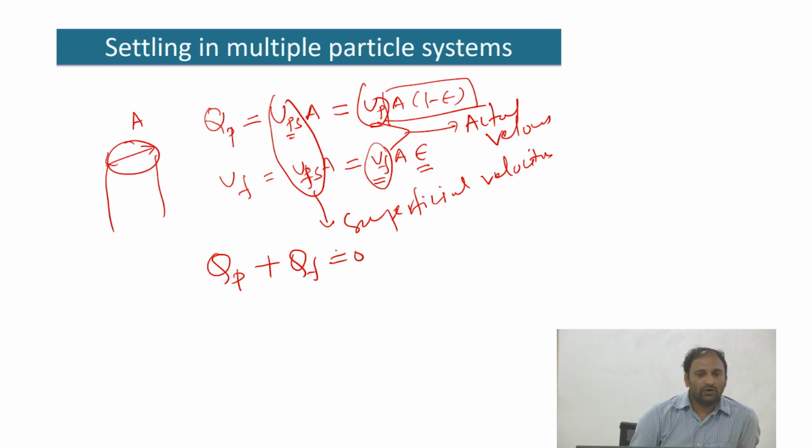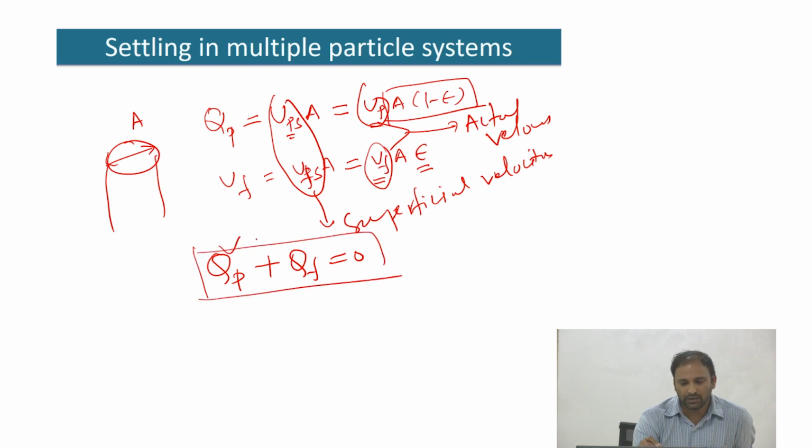The volumetric flow rate of the particles plus that of the fluid should be equal to 0. I'm not adding anything to the system, or taking anything out.